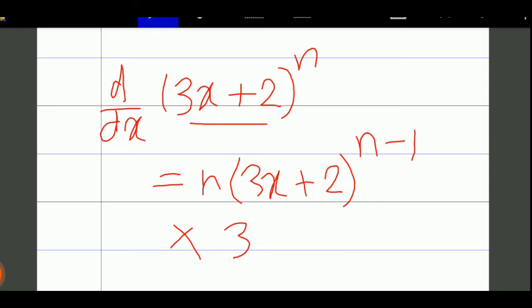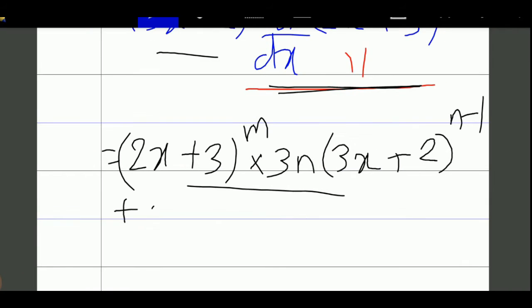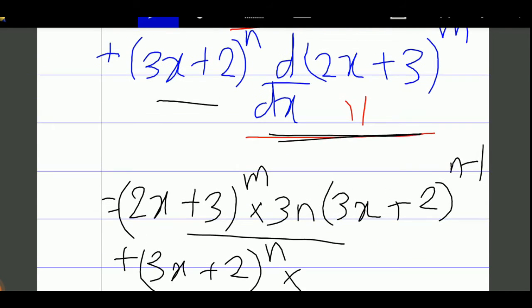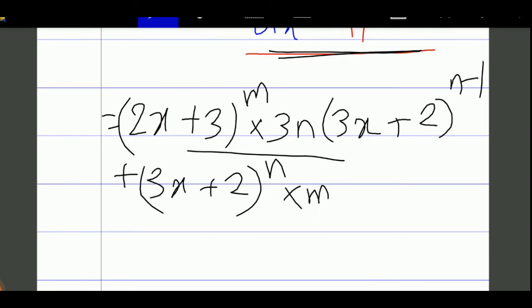So now (3x + 2)^n is multiplied with the differentiation of (2x + 3)^m, that is m into (2x + 3)^(m-1) into 2.